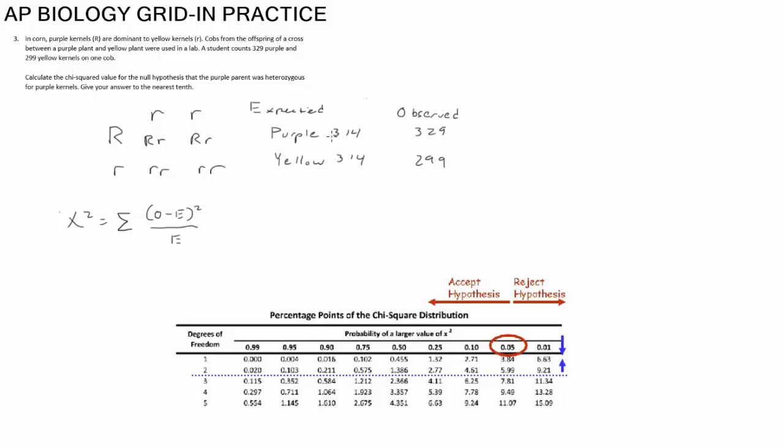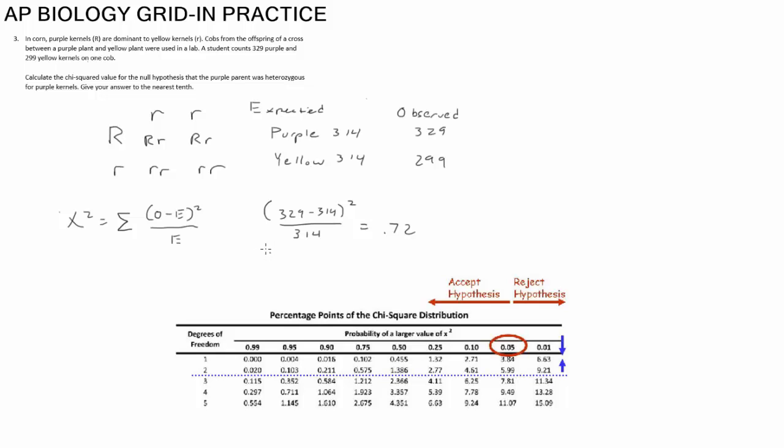So I'm going to do that for both the purple and the yellow, and it is the sum of those two different calculations. When I do this for the purple, I get observed, which is 329 minus 314 squared over 314, which is equal to 0.72.